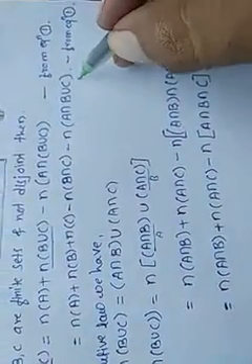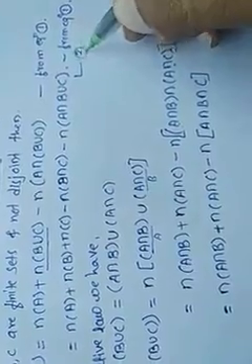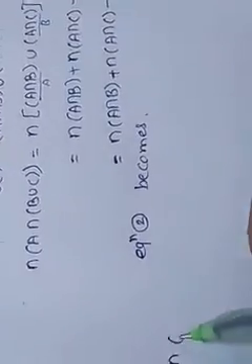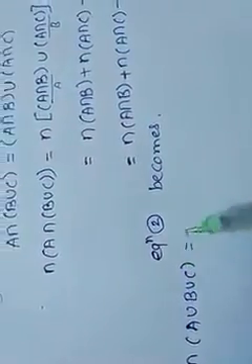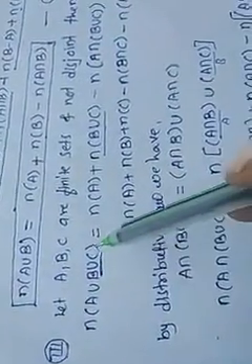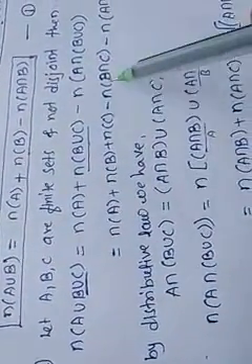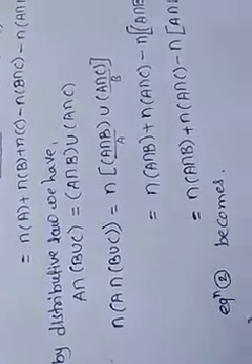So above equation, if we consider this as equation 2, so equation 2 becomes n of A union B union C, which is our left side.